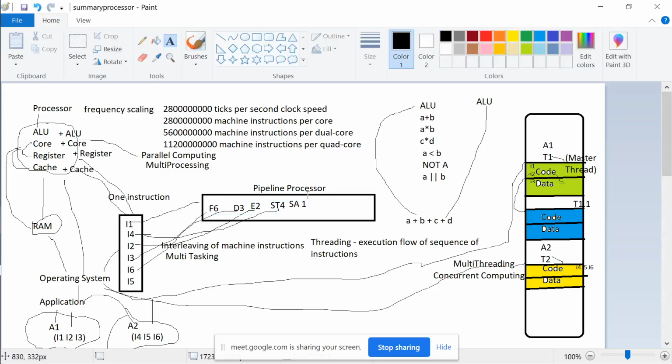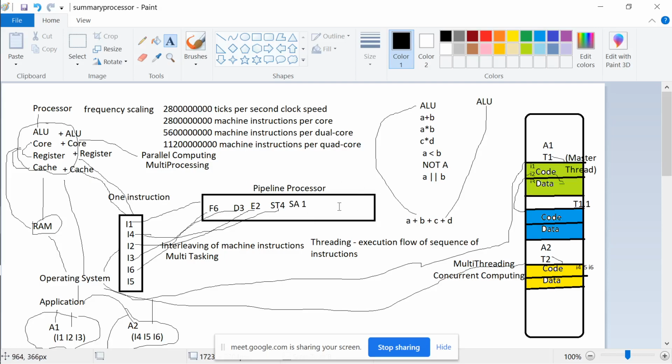So now, because of the pipeline processor, the instructions in the queue don't have to wait for the current instruction to get over, because all the operations of the processor, which are fetch, decode, execute, store, and save, can be executed independently.